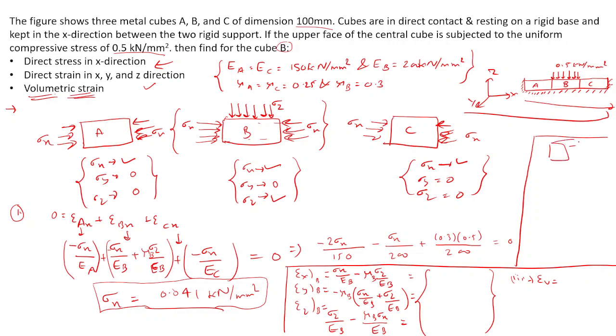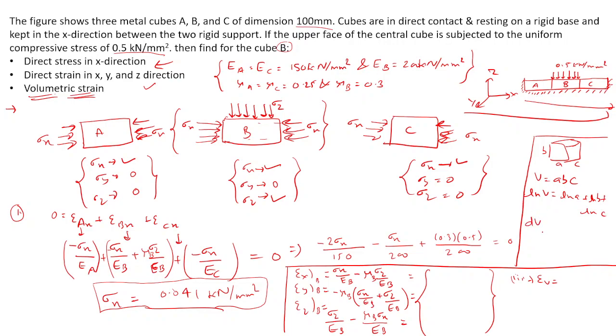For a cube or cuboid, suppose its sides are A, B, and C. So how is volumetric strain found? Volume is ABC. Take the log on both sides. ln V is ln A plus ln B plus ln C. Then differentiate.